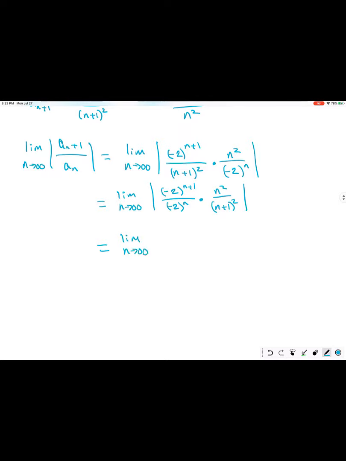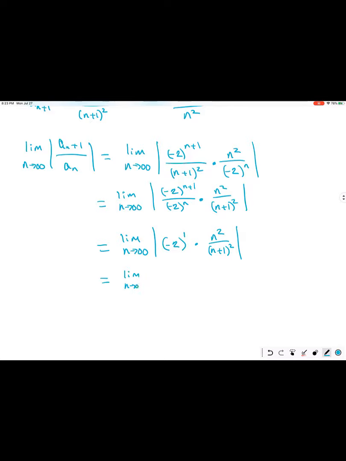So then I have the limit as n approaches infinity, and this first fraction can simplify to minus 2 raised to the first. And then I'm going to multiply that by n squared over n plus 1 quantity squared inside the absolute value.